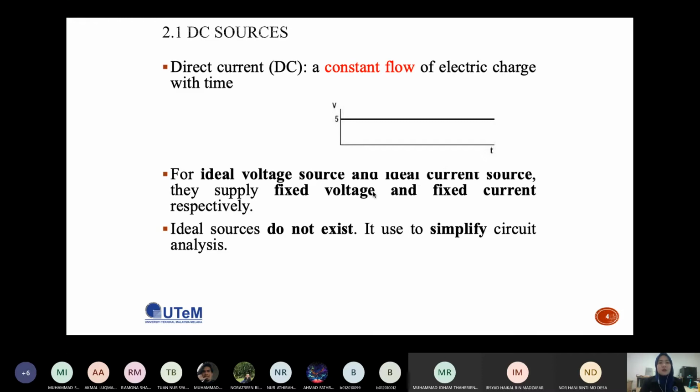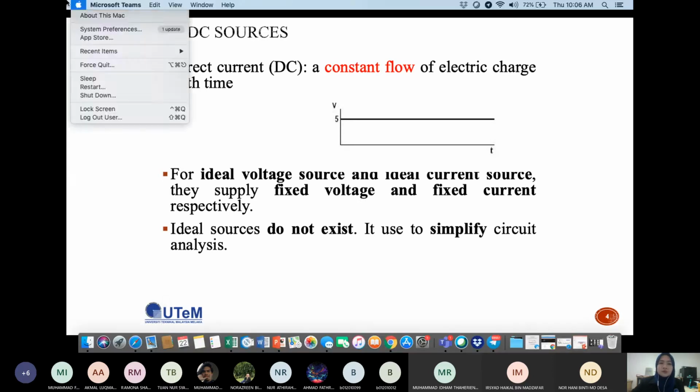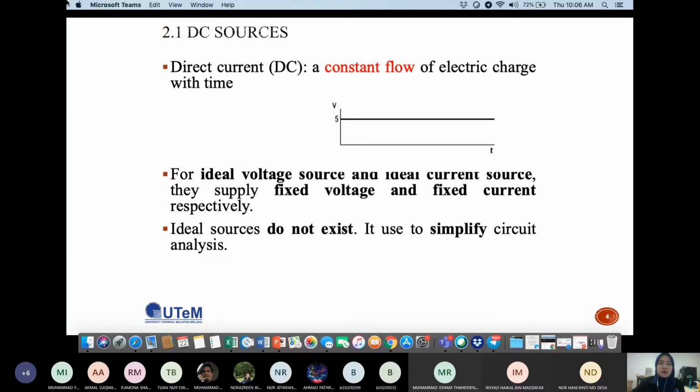If you have a graph with respect to time like this, the voltage or the current will be fixed or constant. Over here the voltage is fixed at 5 volt.